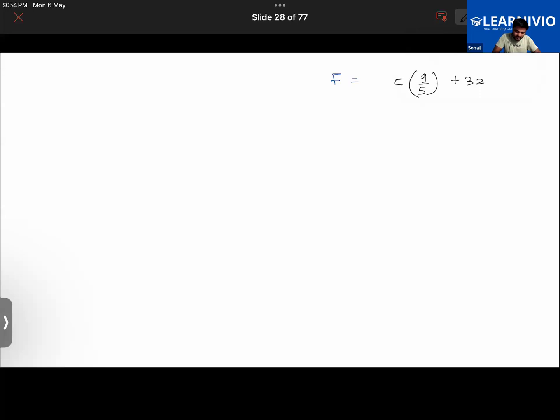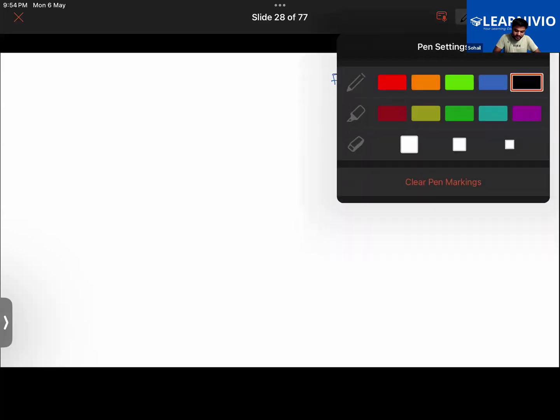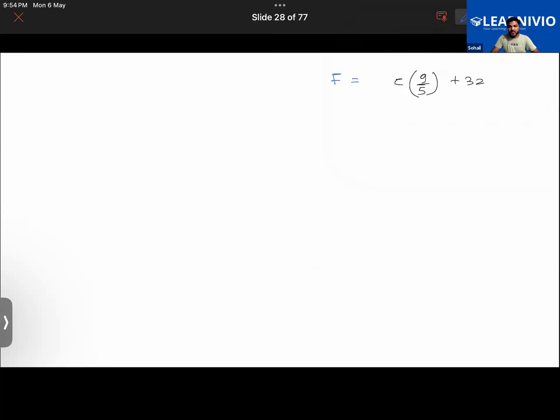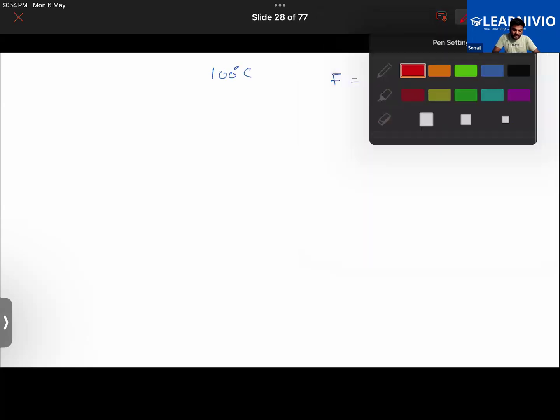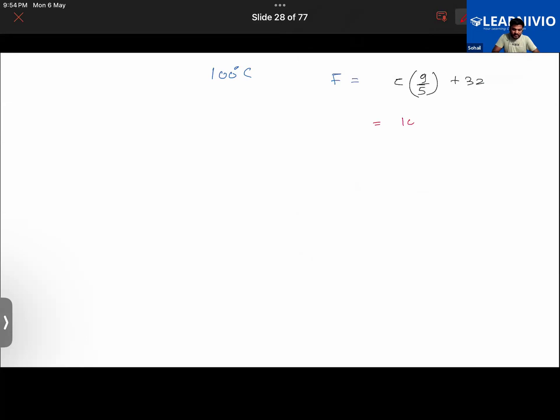Take the example of the boiling point of water, that is 100 degrees Celsius, converting it into Fahrenheit. So it is simply going to be 100 times 9 upon 5 plus 32.